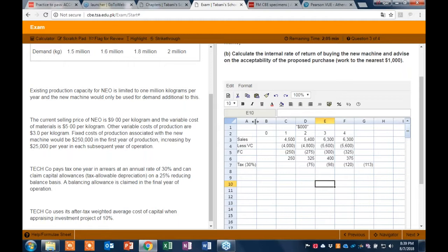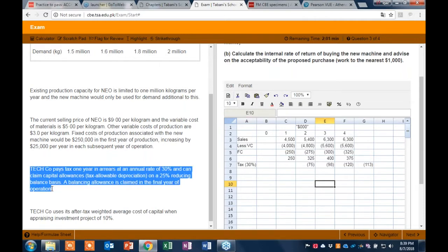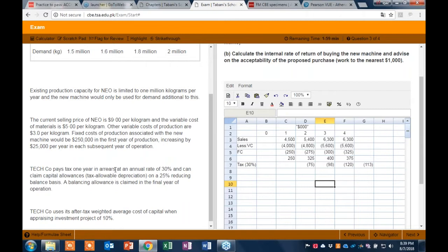Okay, now let's read this paragraph again. Tech company pays tax 1 year in arrears at an annual rate of 30% and can claim capital allowances, that is tax allowable depreciation, on a 25% reducing balance basis. What does this mean?